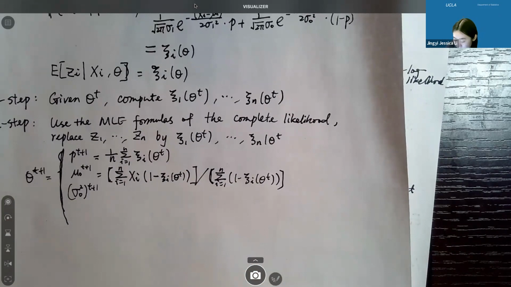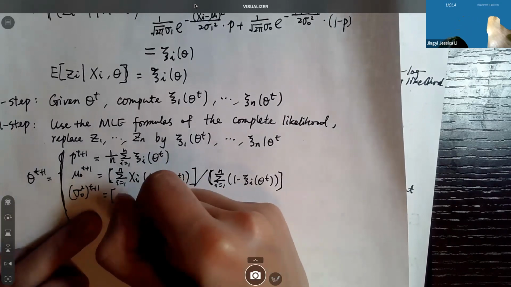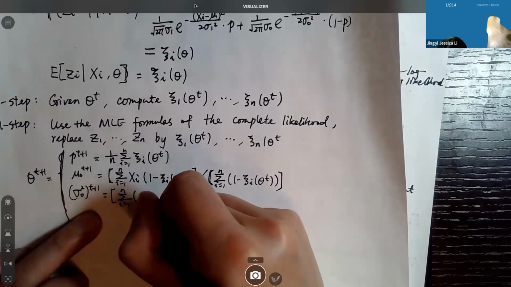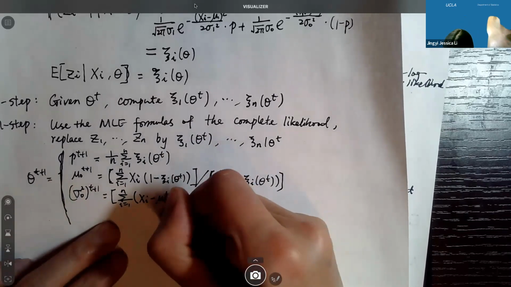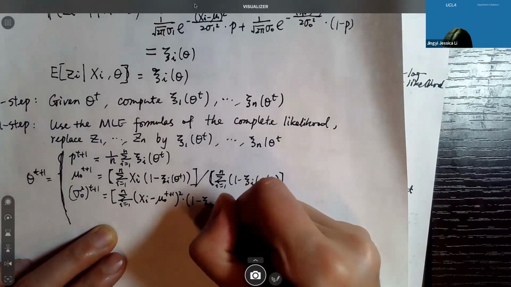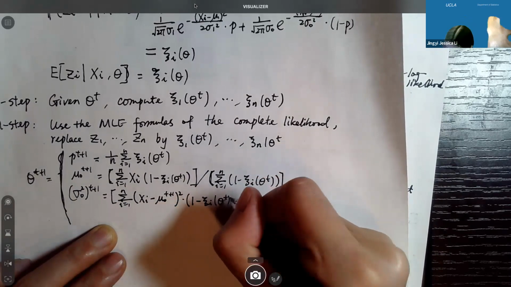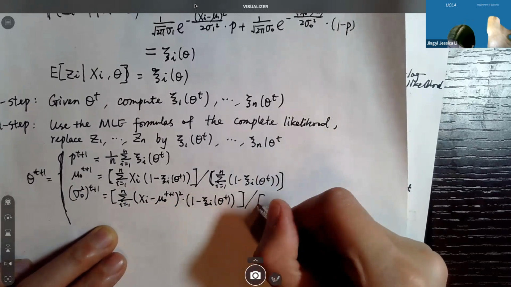For those, we compute the average square distance between each xi and that center. So here it becomes xi minus mu 0, the current center, t plus 1 squared, times, it used to be 1 minus zi because we only consider zi equal to 0 cases. Now we replace it by 1 minus psi I theta t. Okay, that's the numerator. The denominator is the same as the above.